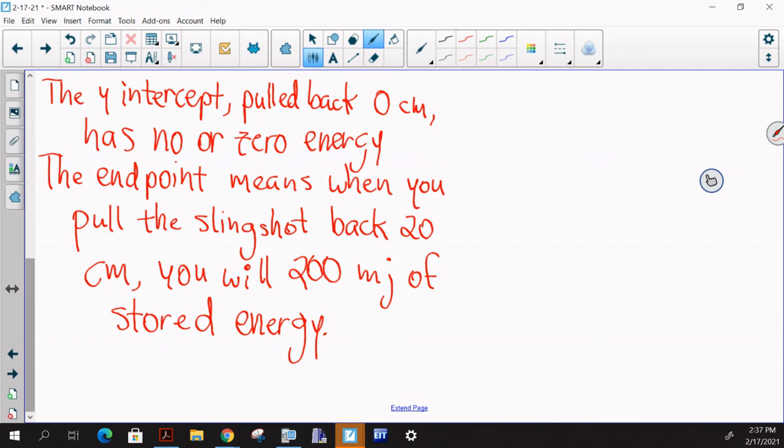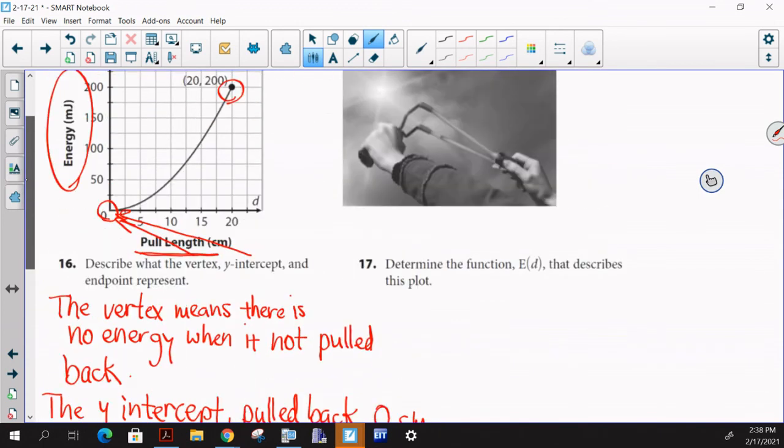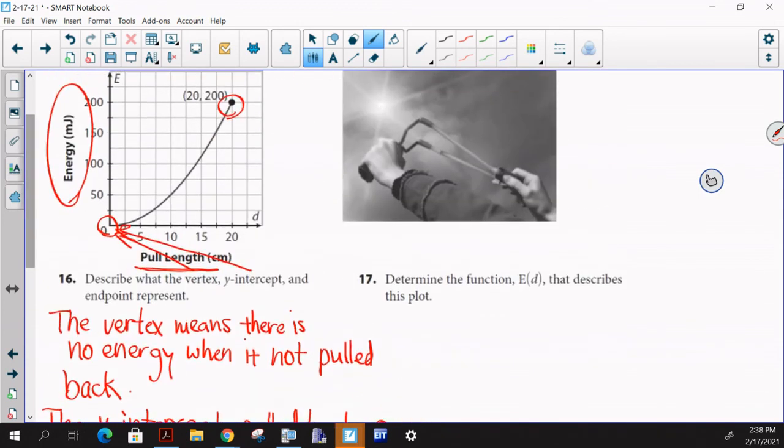Now, if we go back and look at the problem, the next stage is to say, well, let's write a function that represents that. So we need to really go back and look at the graph after we've defined all those things. And in order to write a function, you remember that the function will be written y equals ax squared, but I want to put it in function notation, the function of E standing for energy.